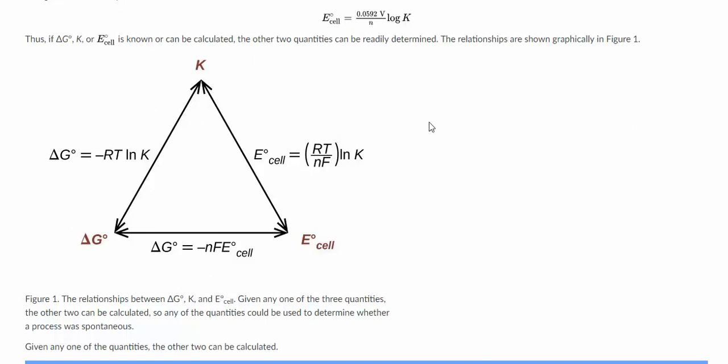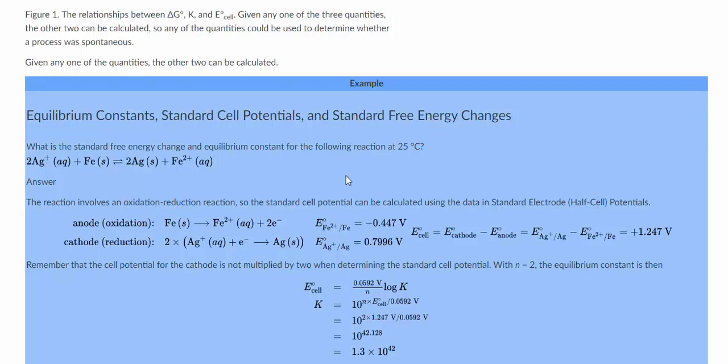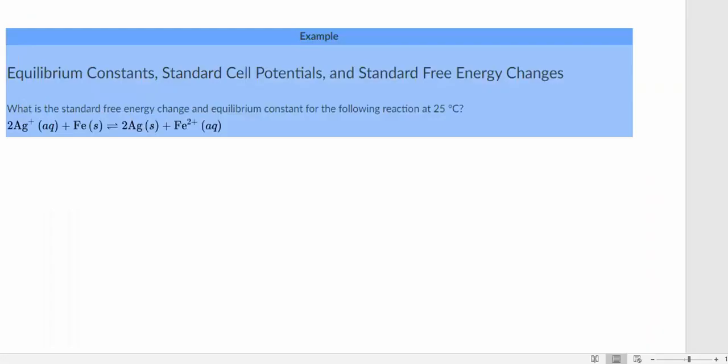Now we're going to be applying this to several different types of problems, including this example. So let's calculate what is the standard free energy change, so we're looking for the delta G naught, and the equilibrium constant, which we know to be K, for the following reaction at 25 degrees Celsius.